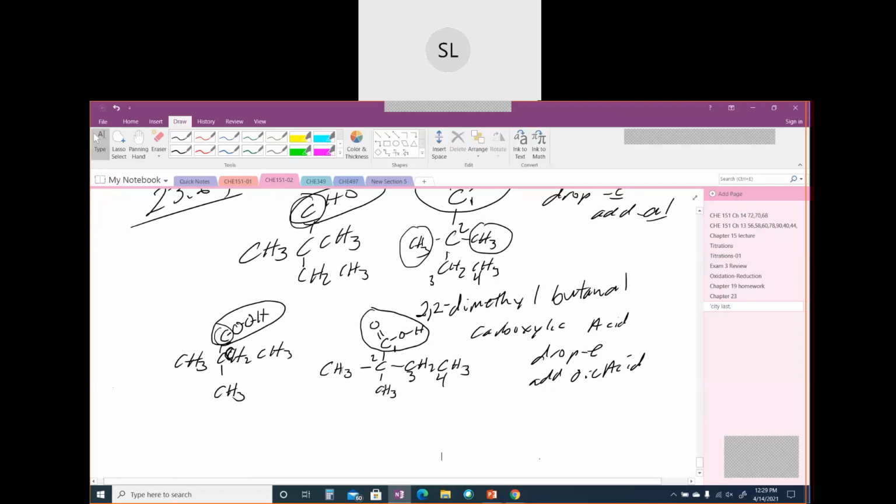So instead of a butanal, it is a drop the E, add oic acid. This is a butanoic acid. And again, off of carbon 2, you've got 2 methyls. And so you say 2,2-dimethylbutanoic acid.